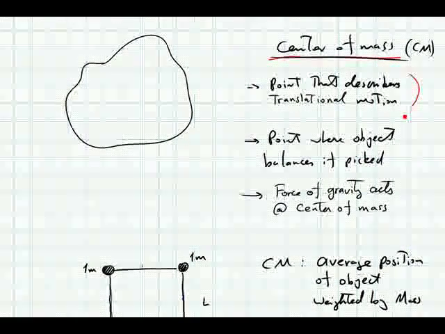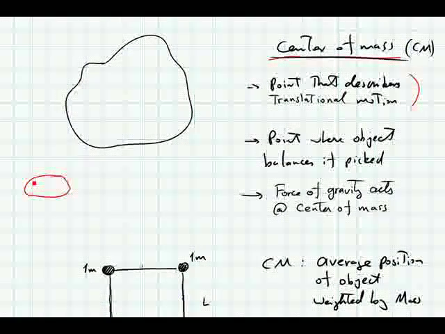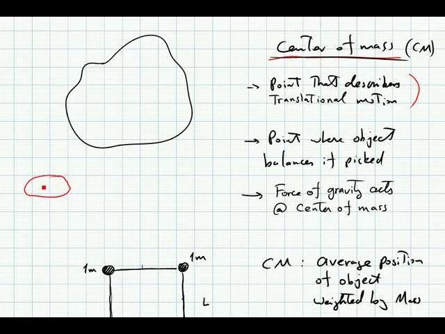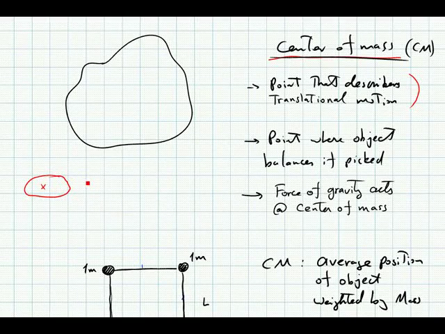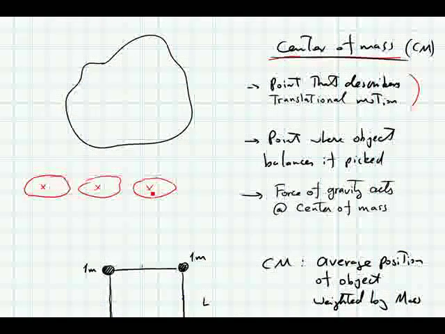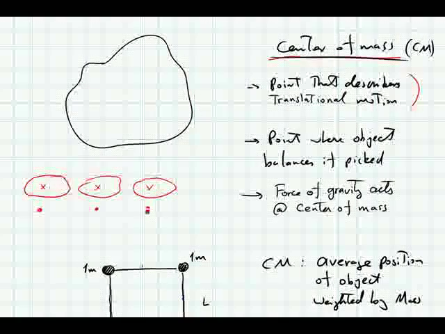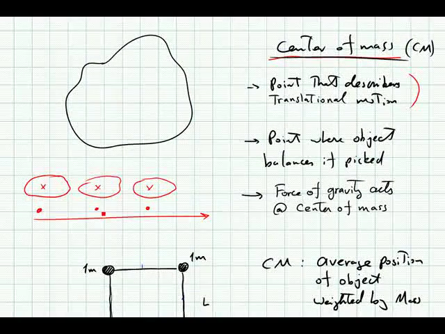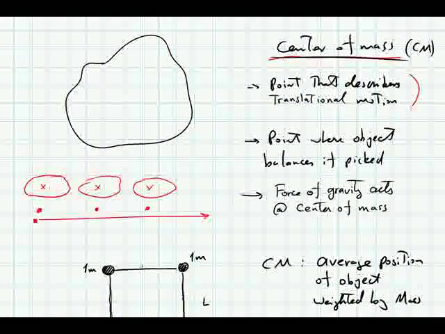If you have an object here, once again my red potato, and the center of mass is where I put the X mark, and the potato is translating to the right, then I can represent the translational motion of the potato by using our familiar particle model, which shows the translational motion of the object.